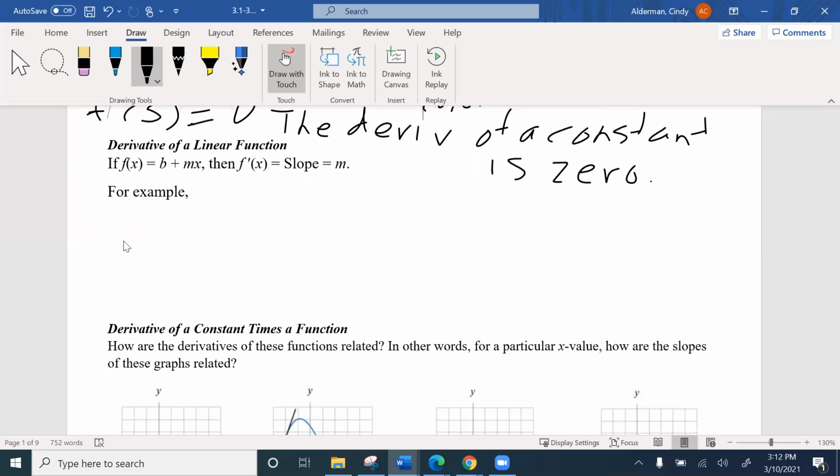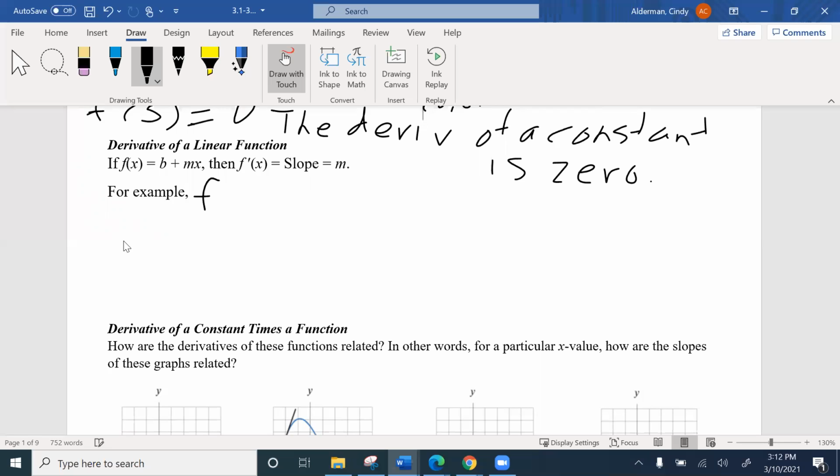All right, now that brings us to the derivative of a linear function. So what we're saying here is that if f of x is equal to b plus mx, remember mx plus b, then the derivative is going to be whatever the slope is of the line, which should make sense, but I'll draw you a picture too.